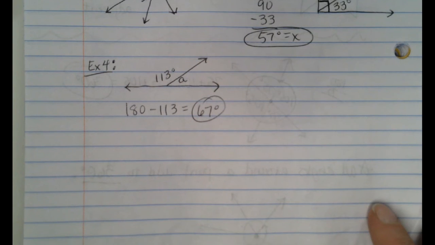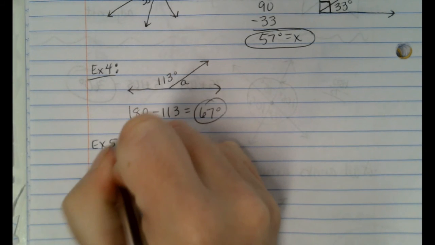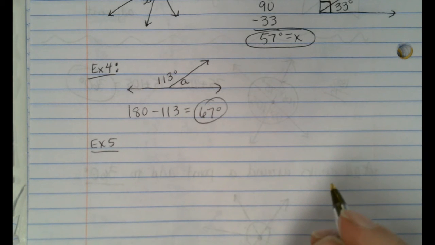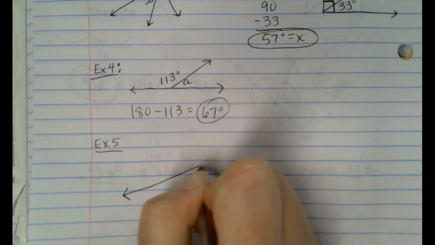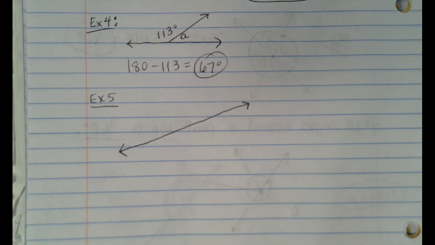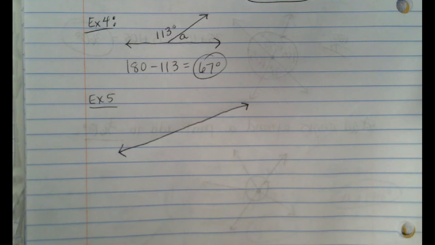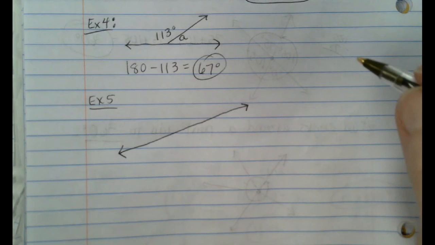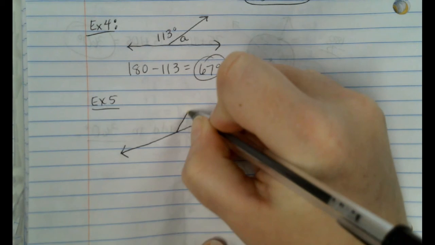All right, we're doing two more. And these two are going to be just a tad harder. Start by just drawing out a line. Everybody got a line? And then I'm going to take this line and cut it like this.